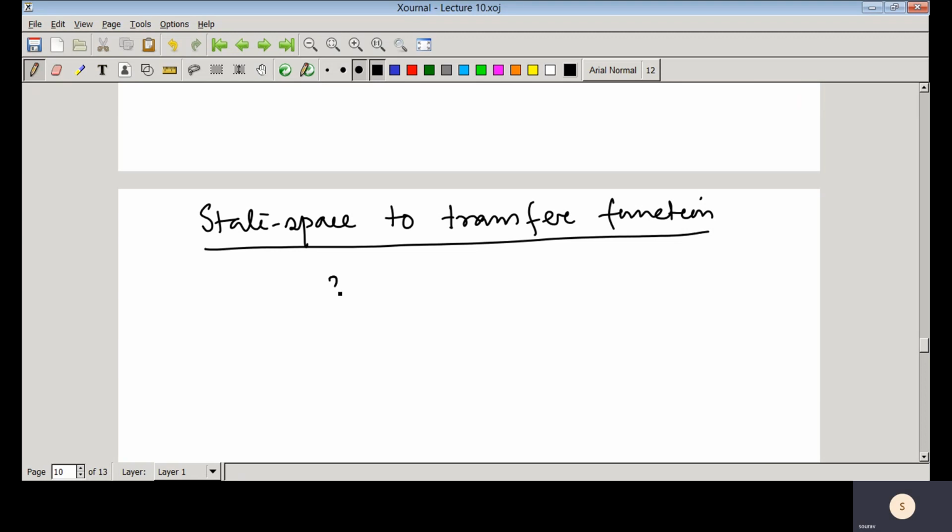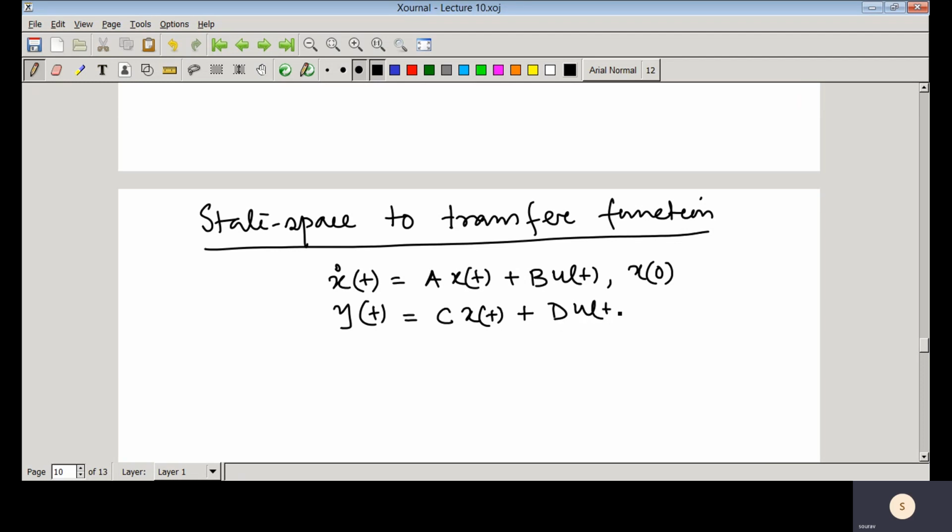So you can see here that the state space description is x dot(t) = Ax(t) plus Bu(t), and this is x(0), that is that initial condition, and the output equation, that is y(t) equal to Cx(t) plus Du(t).